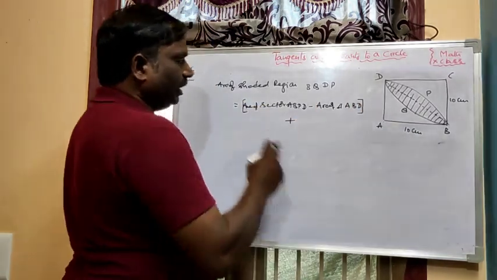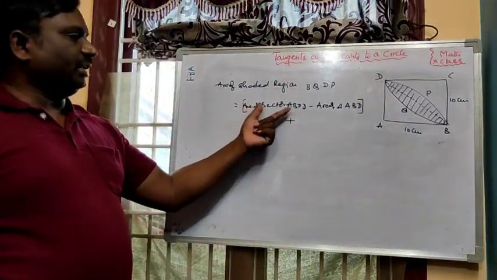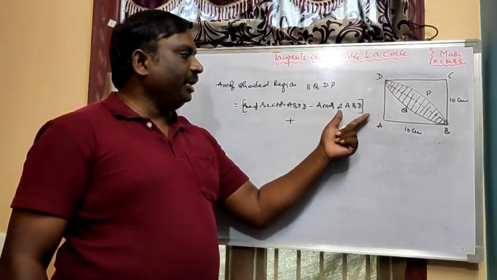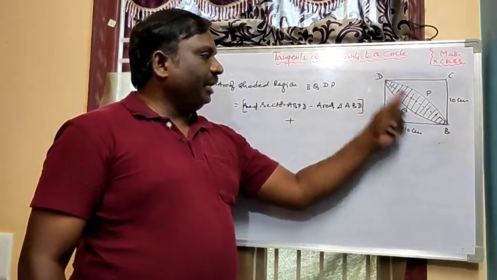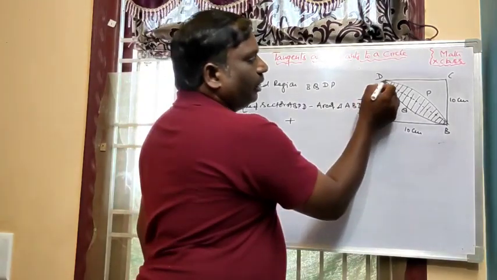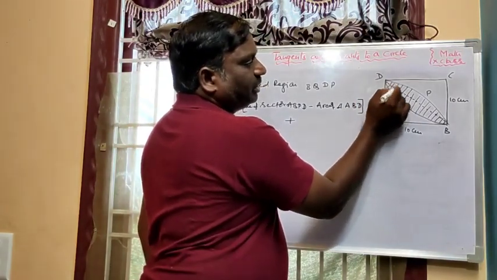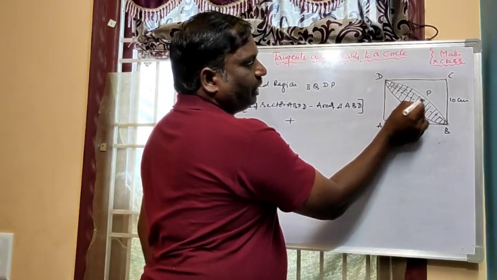If you subtract area of triangle ABD from area of sector ABPD, you will get only half of the shaded region. This half of the shaded region you will get.